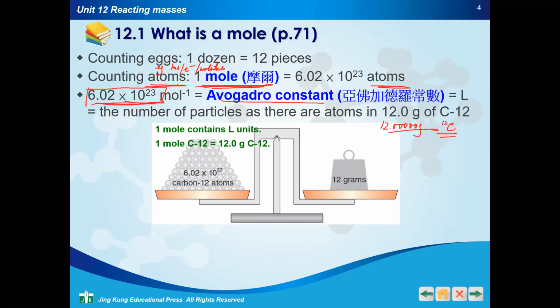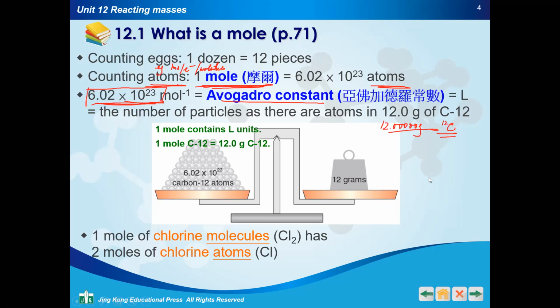Do you understand? So this is what I would like to talk to you about here. Remember, starting from today, we will focus on some terms. For example, can I say that we have got 1 mole of chlorine? If I say 1 mole of chlorine, that may be ambiguous. It can refer to 1 mole of chlorine molecules, or it can refer to 1 mole of chlorine atoms.